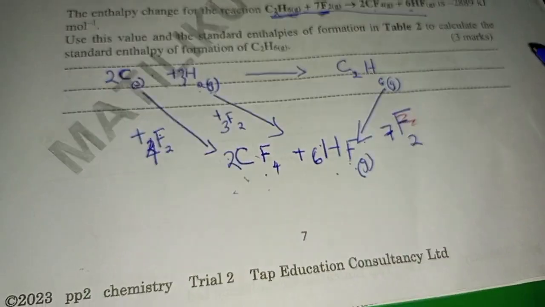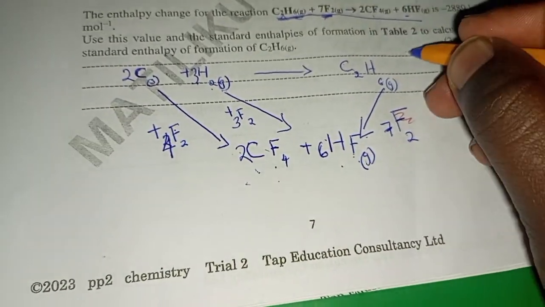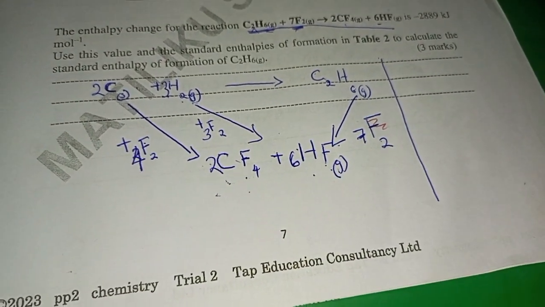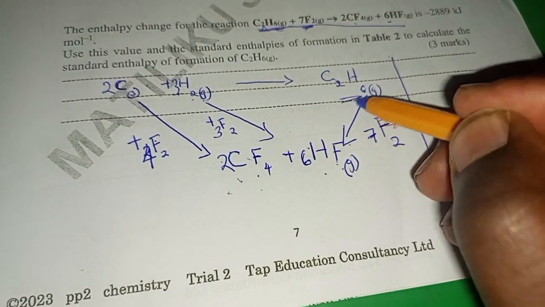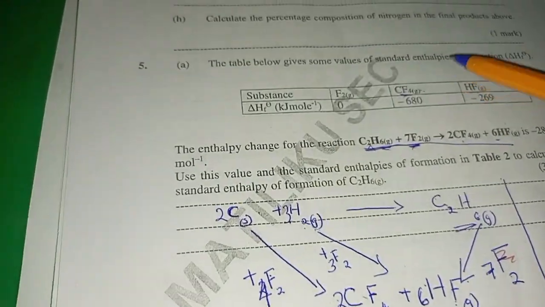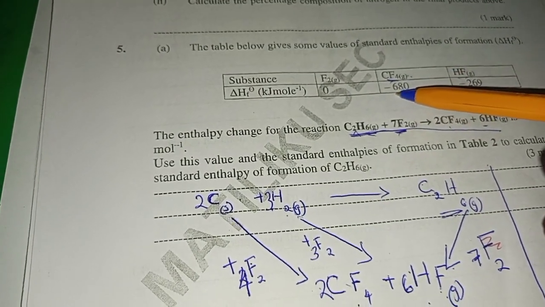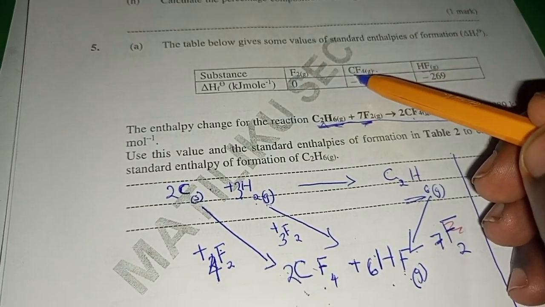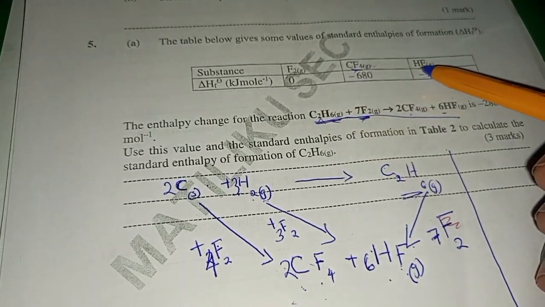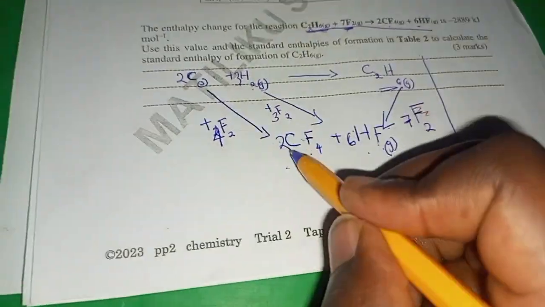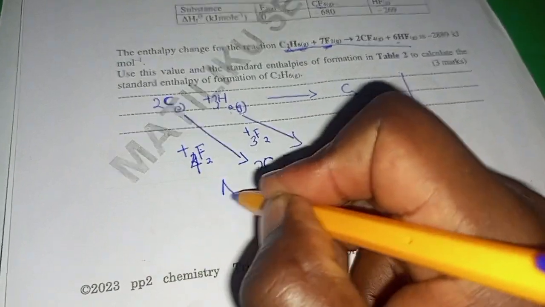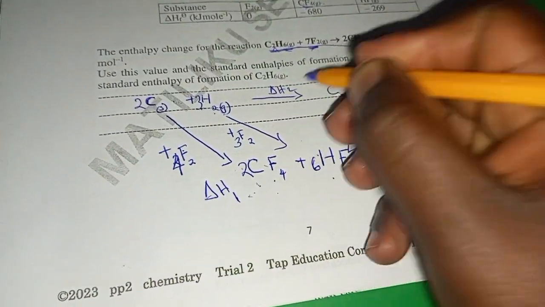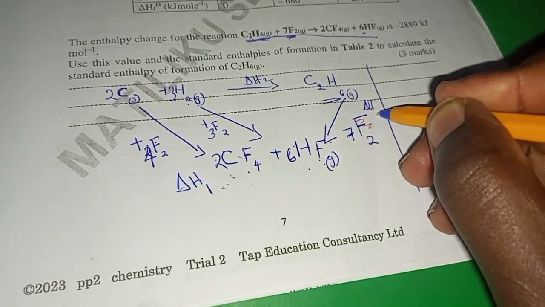Now that we have our energy cycle diagram, we can calculate our enthalpy of formation of ethane, given this table here, the enthalpy of formation of tetrafluoroethane and hydrogen fluoride. Now, we can label this one enthalpy 1, enthalpy 2, and enthalpy 3.